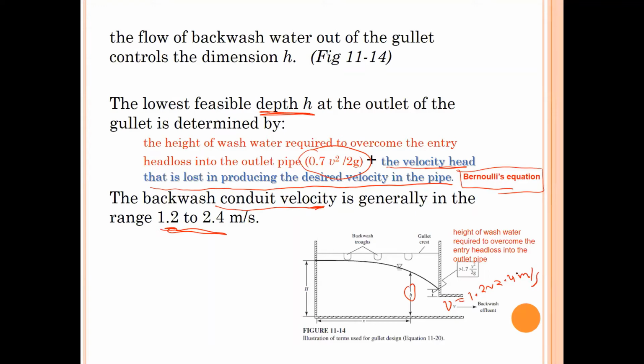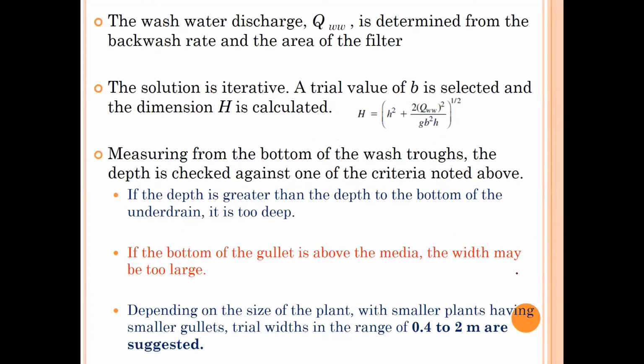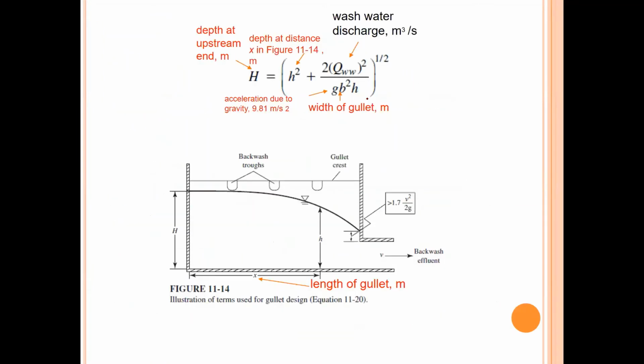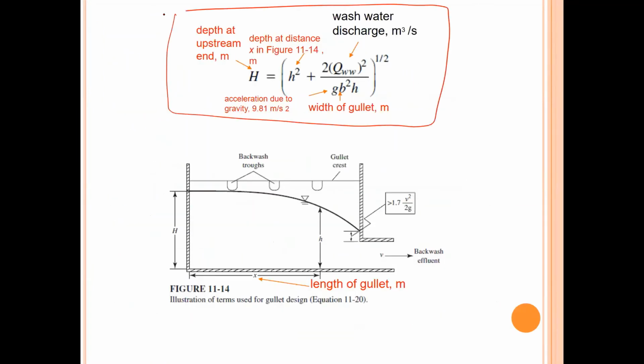Okay, with this theoretical background, let's have some more calculations. Remember this equation I showed you to calculate the capital H height, which is related to the variable height of water with x, the length of the conduit, and the wash water discharge.